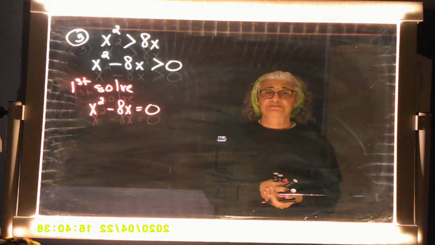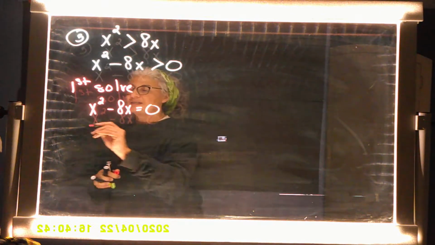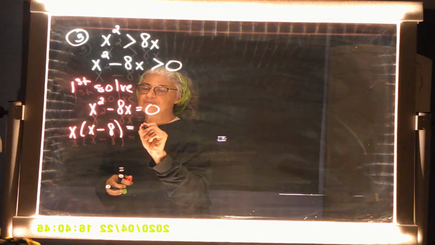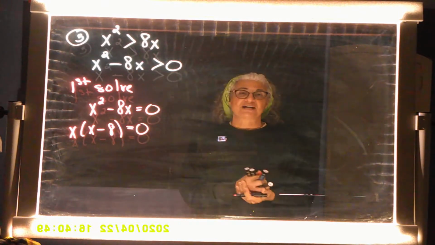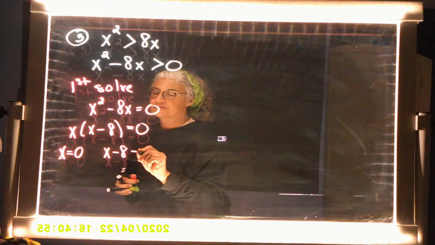Looks familiar, doesn't it? Good. Do you notice there's an x in common? Excellent. So I'm going to take that x out, and I'm going to be left with this factoring. And again, you set each one equal to 0, and you solve.